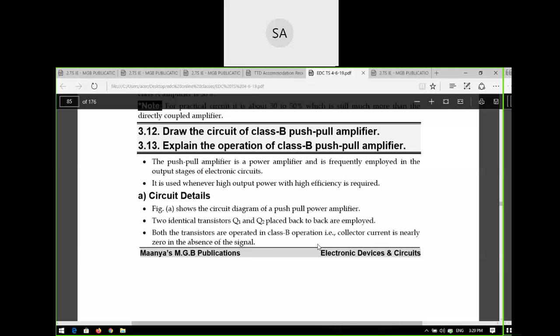In class B amplifiers there are two types: the push pull power amplifier and the complementary symmetry push pull power amplifier. First, we have the class B push pull power amplifier. It is used at the output stages of electronic circuits, whenever high output power and high efficiency are required.